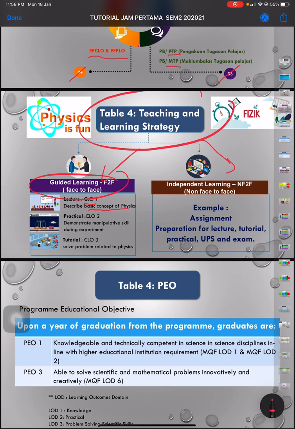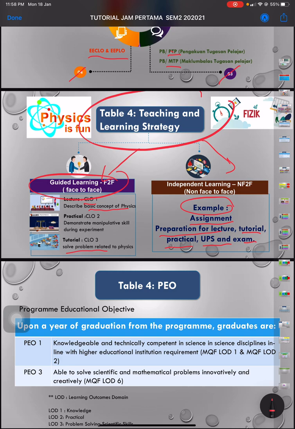Then tutorial is CLO3, solving problems related to physics. Then you also have independent learning, non-face-to-face. Examples are assignment, preparation for lecture, tutorial, practical test, UPS and examination. This is the non-face-to-face independent learning.